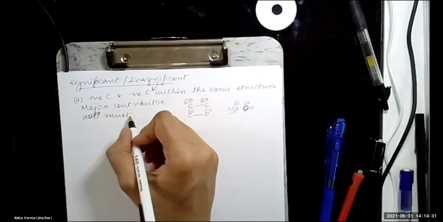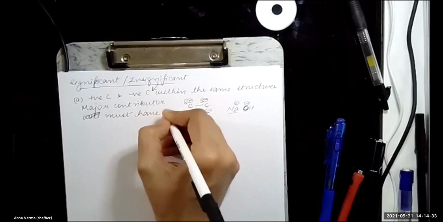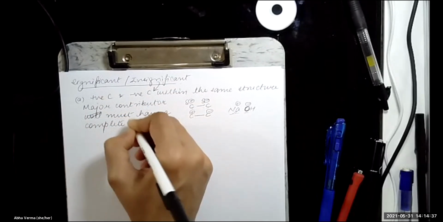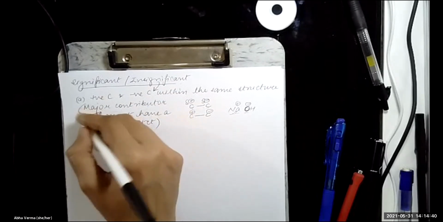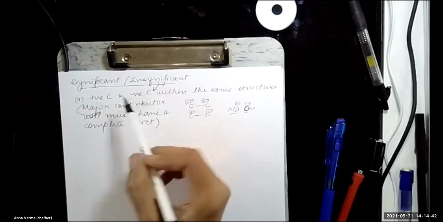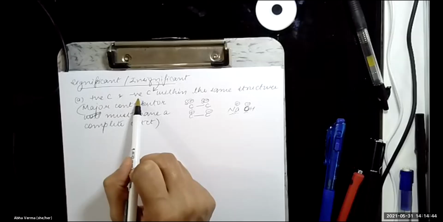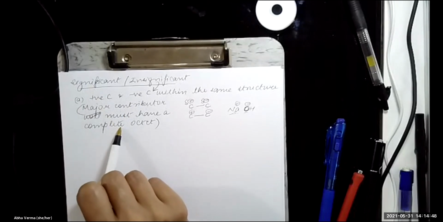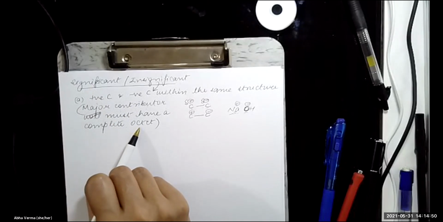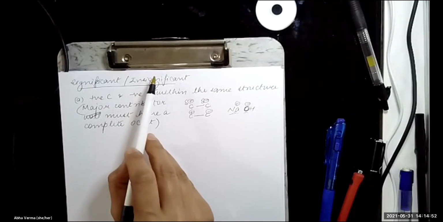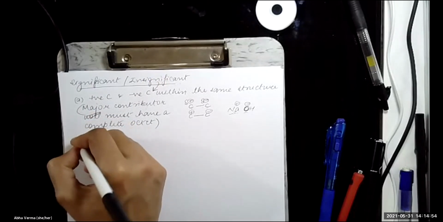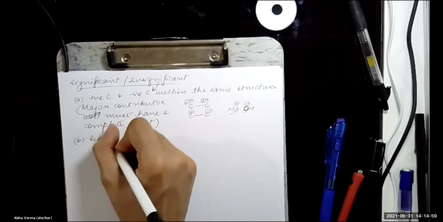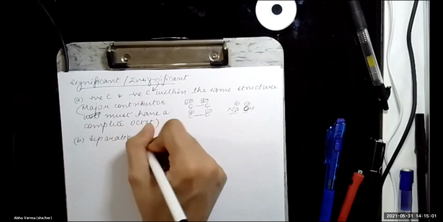The major contributor must have a complete octet. So the insignificant one will have a positive and a negative carbon, but the significant one will have the complete octet. The insignificant one will also have separation of charges.